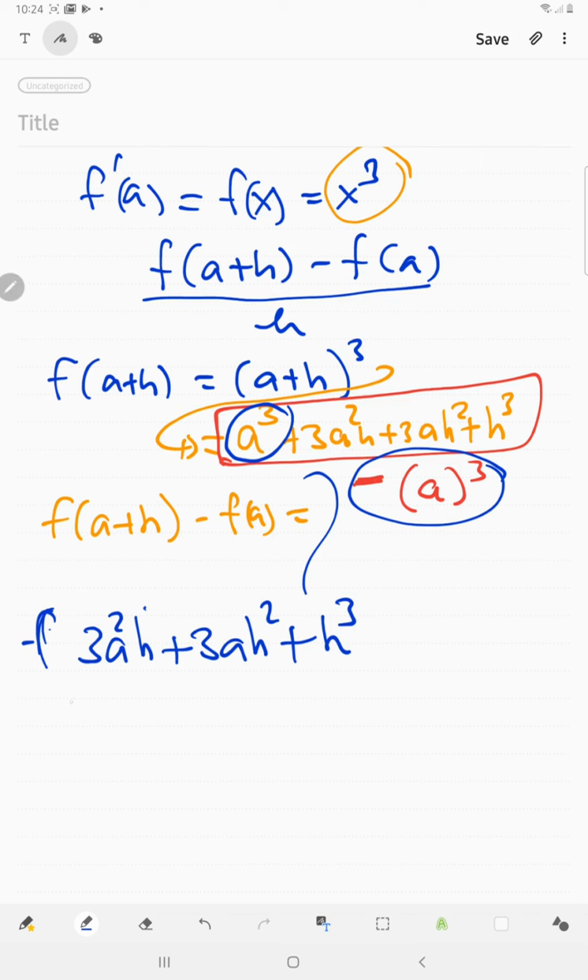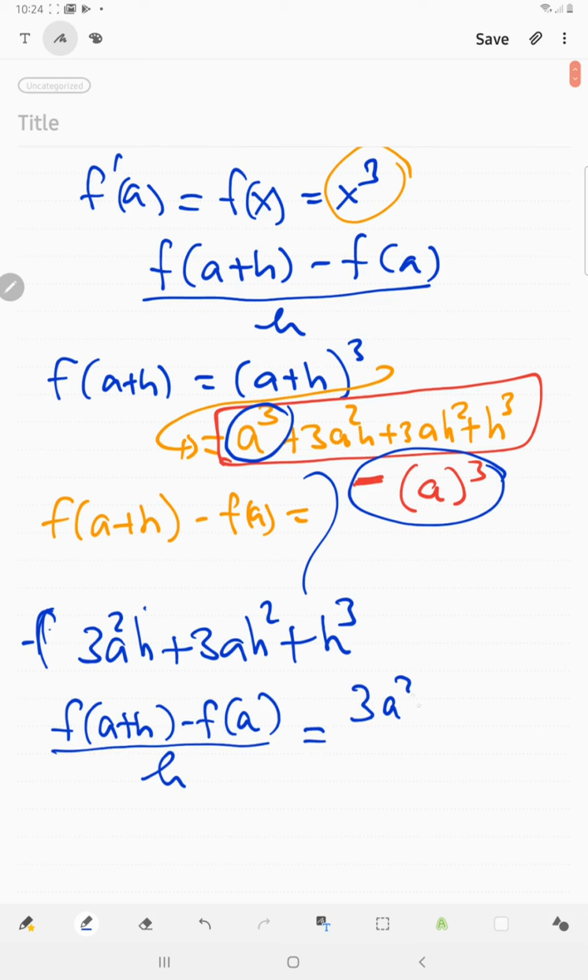So if I now take f(a plus h) minus f(a) divided by h, I take this top part, 3a squared h plus 3a h squared plus h to the power 3, and then I divide it by h.